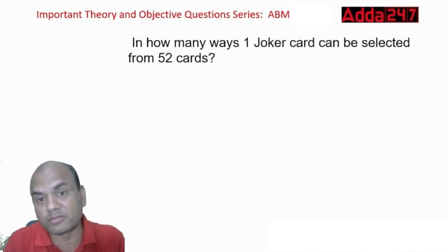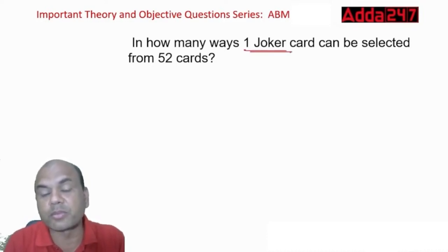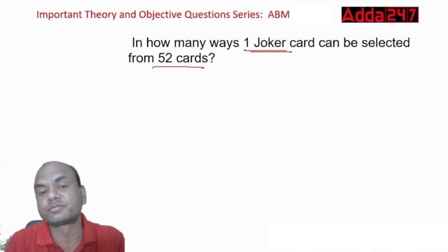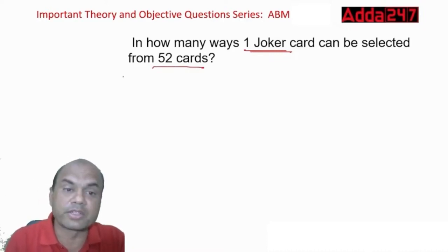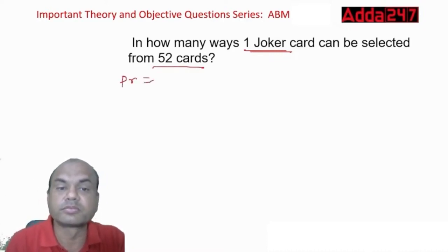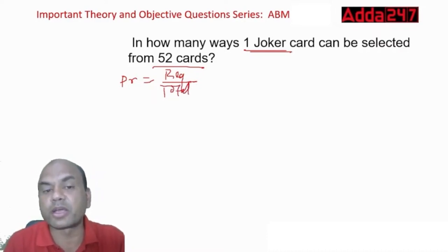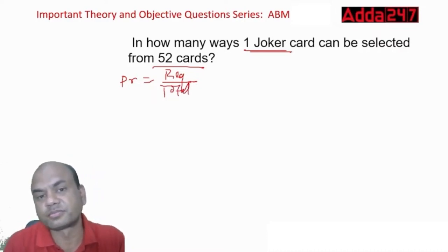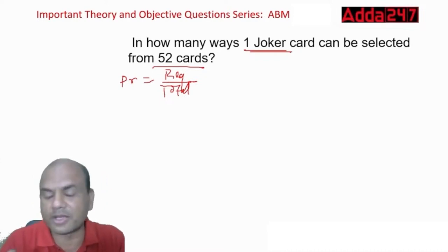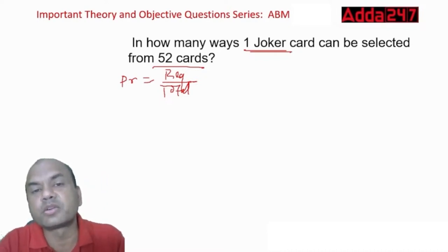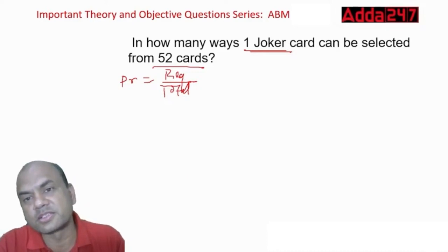In how many ways can one joker be selected from a pack of 52 cards? Again, probability equals required upon total, right? What is required? One joker. How many jokers are there in the pack of 52 cards? Tell me, type in the comment section.